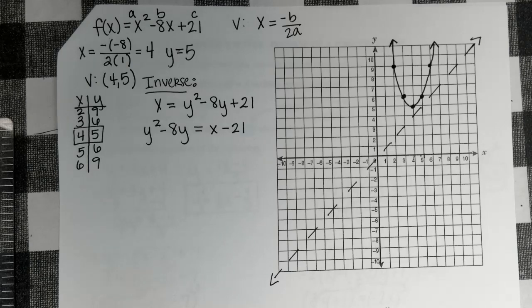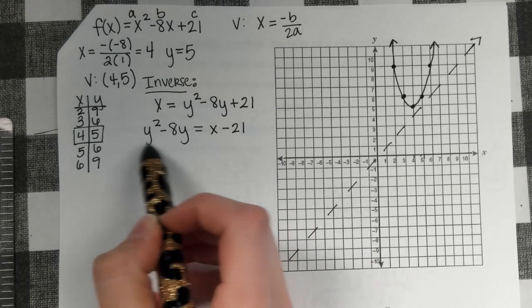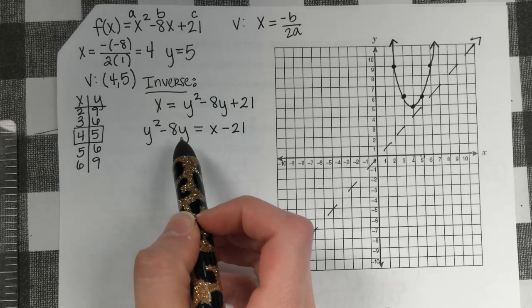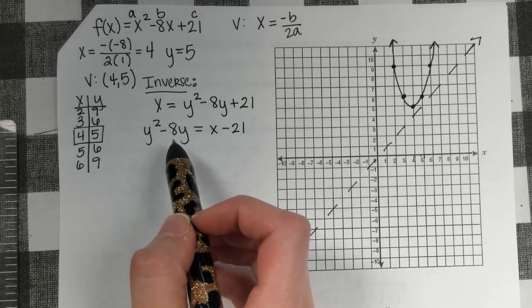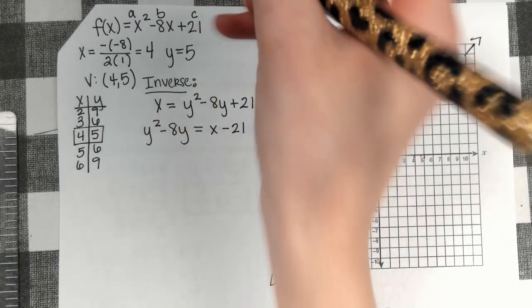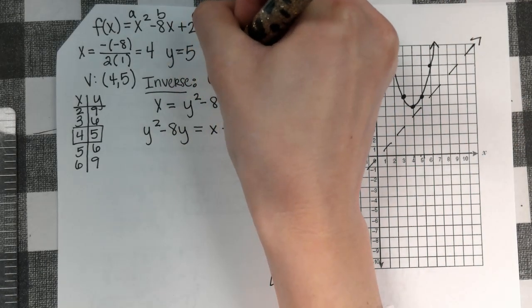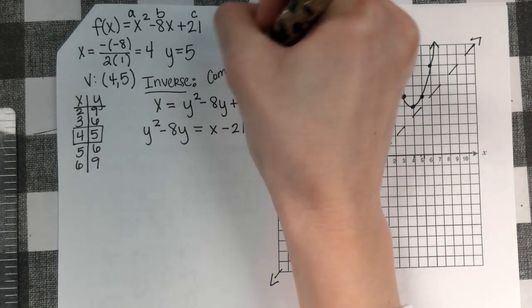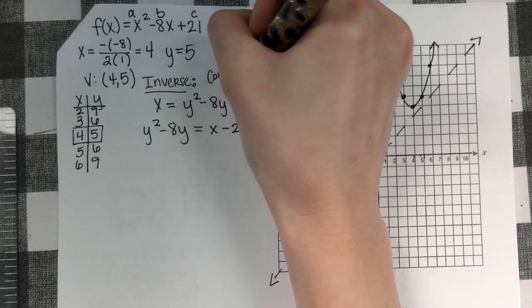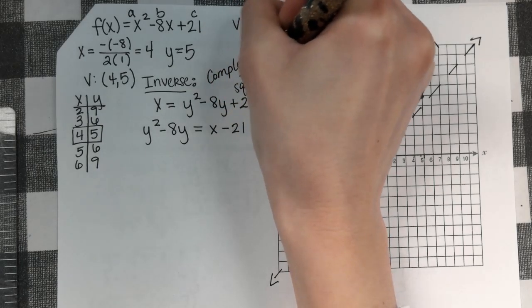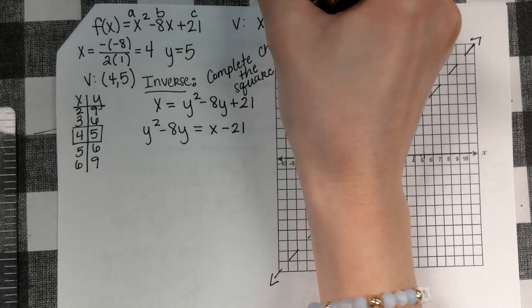Okay? Now, when I have 2 y's, if your instinct is to take out a y and do GCF, you're still going to have 2 y's. Okay, so I can't do that. What I'm going to have to do is complete the square. And that was chapter 4, I believe.